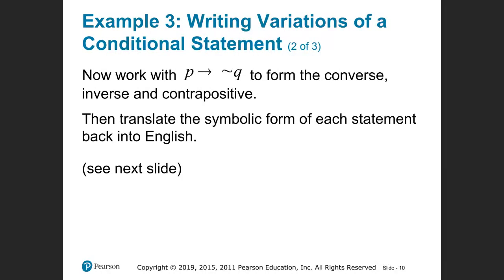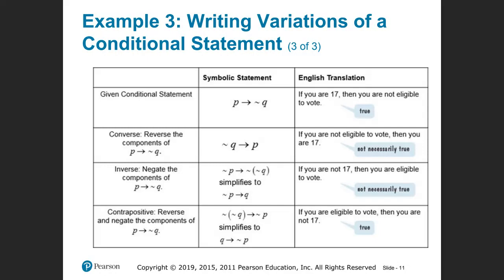Now we want to form the converse, the inverse, and the contrapositive. So for the first one, we're given if P, then not Q. The English translation is if you are 17, then you are not eligible to vote, and this is true.